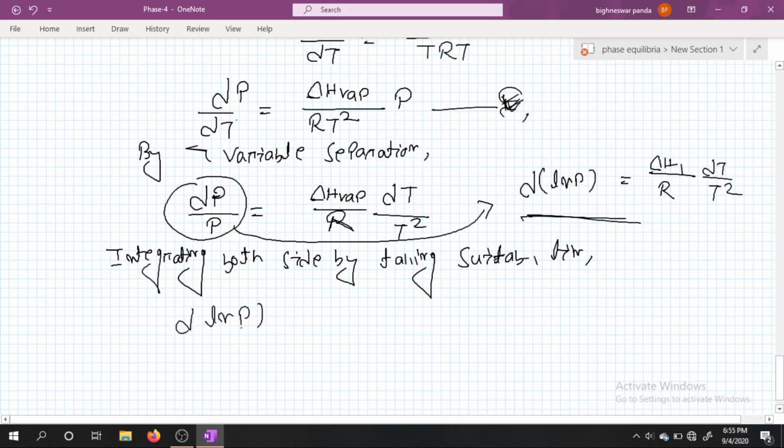ln P from P1 to P2 will be equal to delta H vaporization by R dT by T square from T1 to T2.